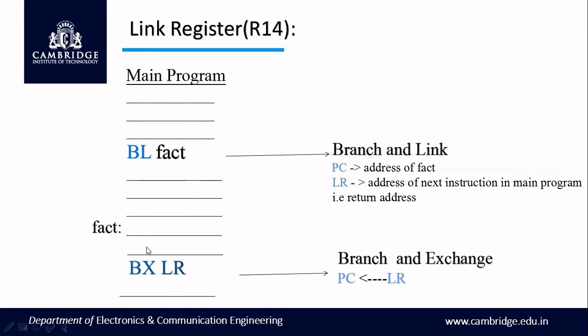So once this instruction is executed, the control would get transferred back to this point and you would continue with the main program. So the link register is used in branching, wherein you need to save the return address. So instead of accessing memory, we are using a register to save the time taken for the program execution, or to increase the speed of your processor.